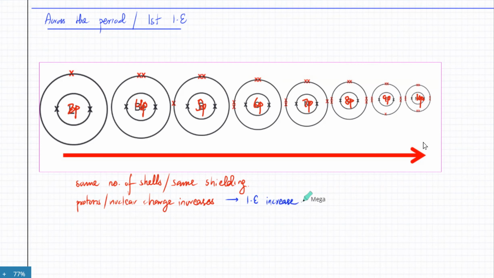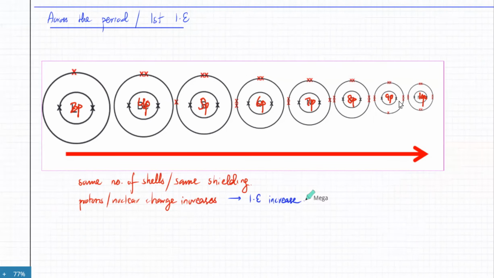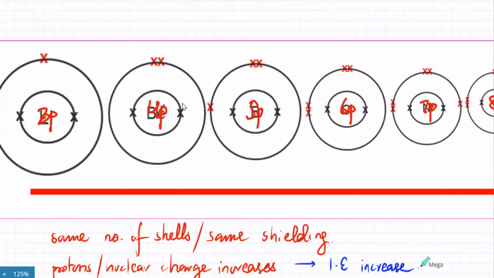Right? Because more protons means the electrons are more strongly attracted, which is why the size of the atom is also becoming smaller. The reason the size of the atom is smaller is because 3 protons are not going to attract the electrons very strongly. But if you have 7 protons, like in the case of nitrogen, the electrons would be more strongly attracted.